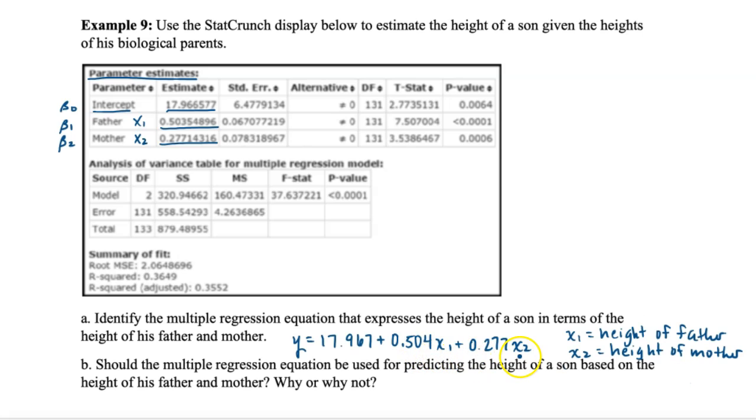And instead of writing x1 and x2, I can also just write father and mother in here, respectively. I can use anything as a variable, even the full written word.